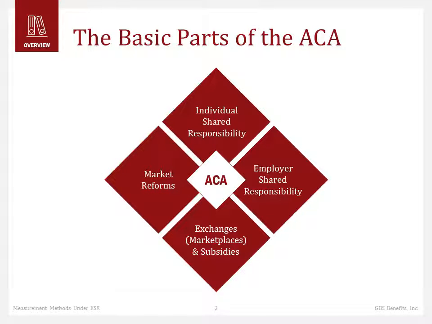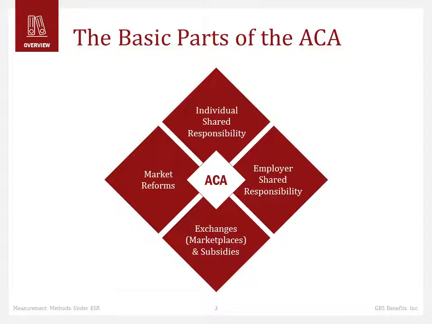Now, these first three, the individual mandate, the employer mandate, and exchanges, are what I like to refer to as the big three. They kind of dovetail together to create the heart of healthcare reform, but we also can't forget about market reforms. There are several provisions under this bucket that employers need to be aware of, and if they don't comply with them, there are penalties attached as well, and there's a whole list of them.